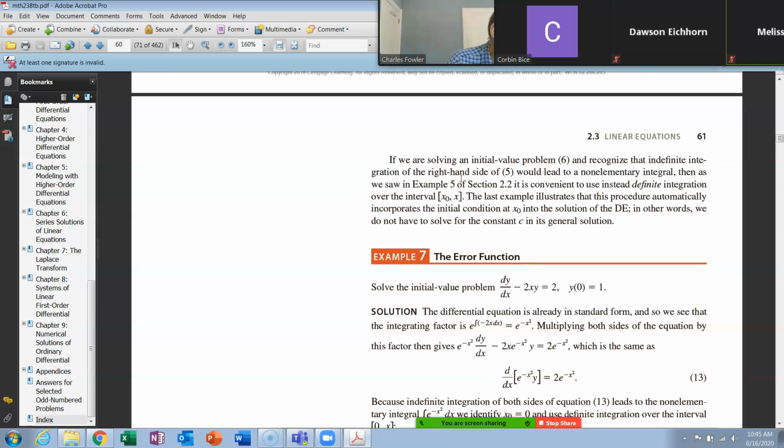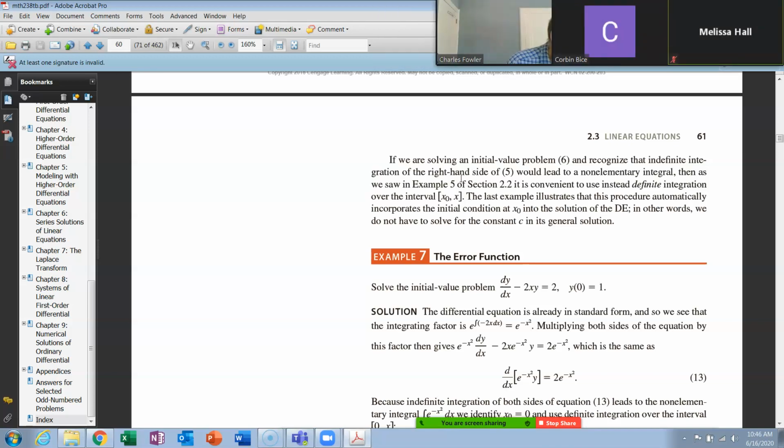Oh, 41 is one with the P of x piecewise defined. And then hang on, and we'll pick up with 43 after we do that, because that deals with the error function. Okay, we'll pick up the rest of those next time.